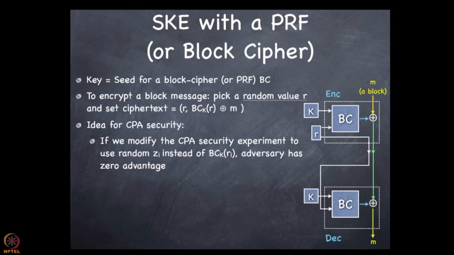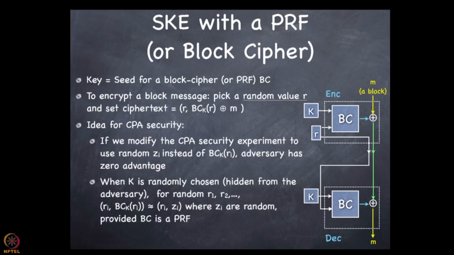That's the second bullet here. And on the other hand, if you actually picked a random string each time, so the output of a random function is a random string, then the adversary has no information about the message. It will have zero advantage.